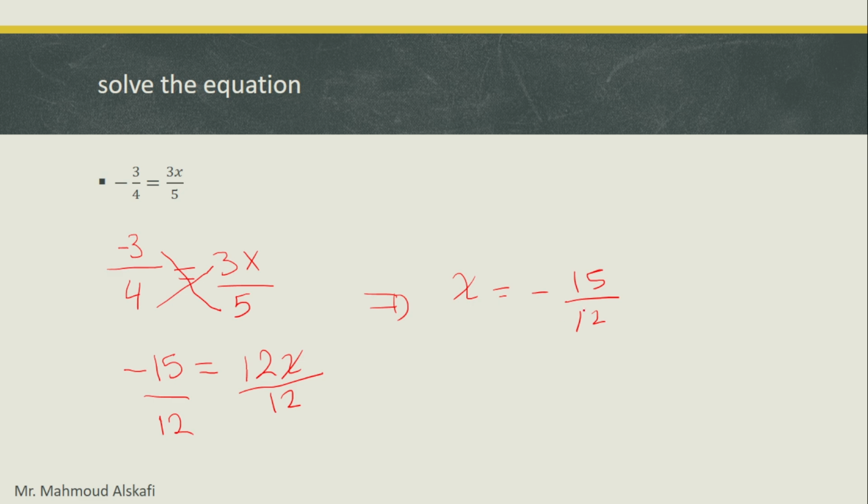Now we need to simplify that fraction. Over 3 gives me negative 5, over 3 gives me 4. So the answer is minus 5/4.